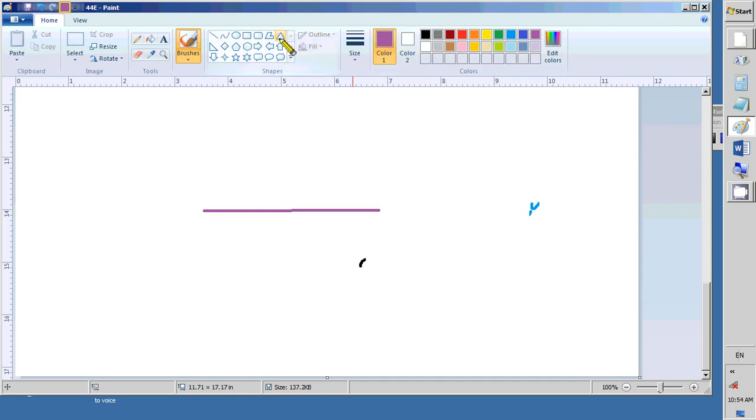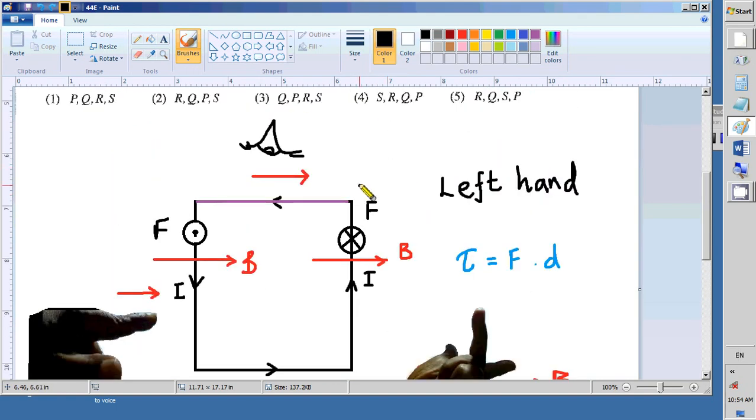And then the other wires, the vertical two wires, we don't see actually, we see like this. So this force line and this force line we see, because we have already discussed that this one is into the paper and this one out of the paper.